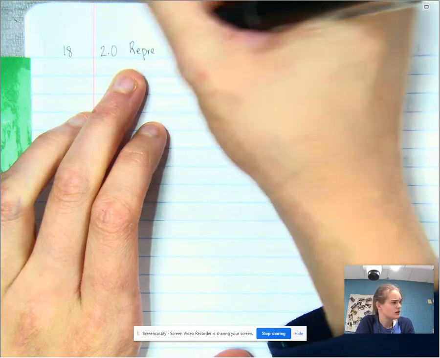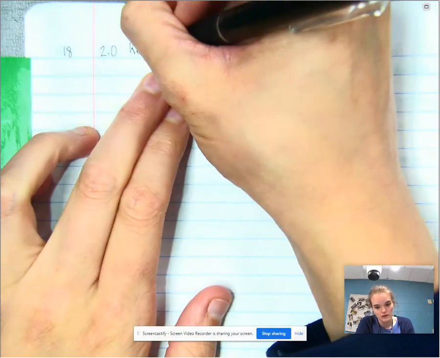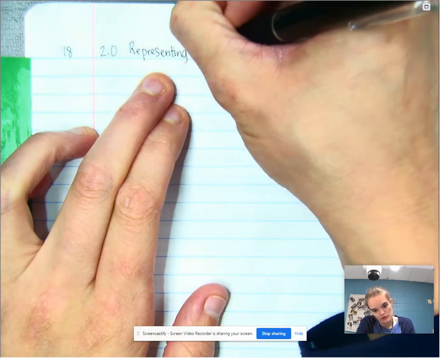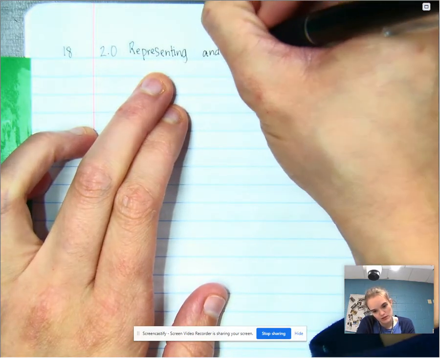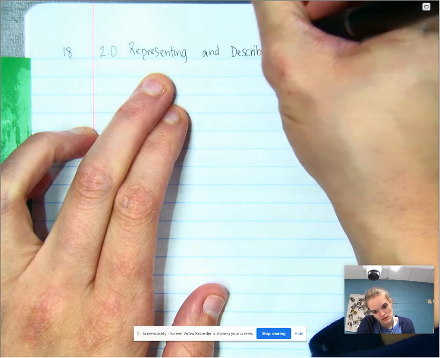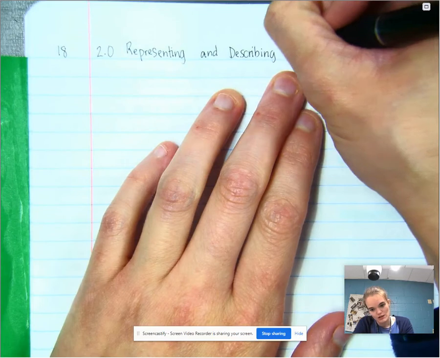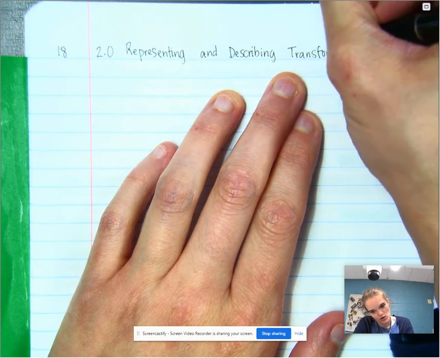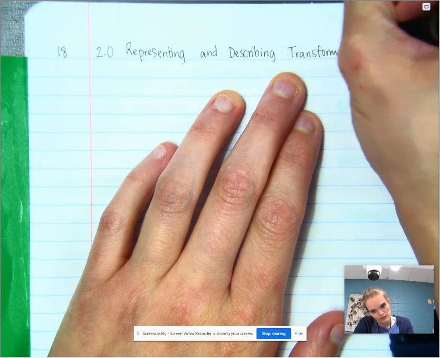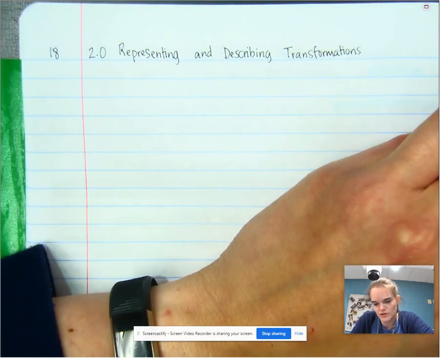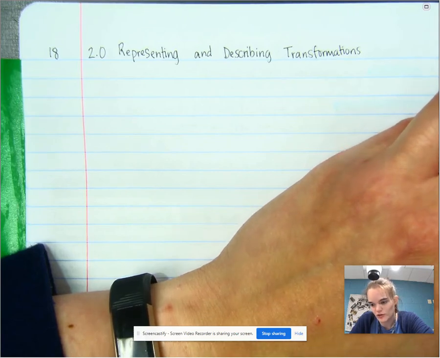Representing and describing transformations. Now, this lesson is just a whole overview of transformations, which is nice to see them all together.